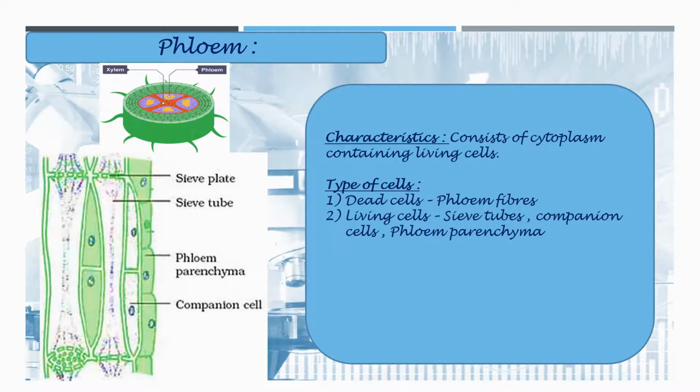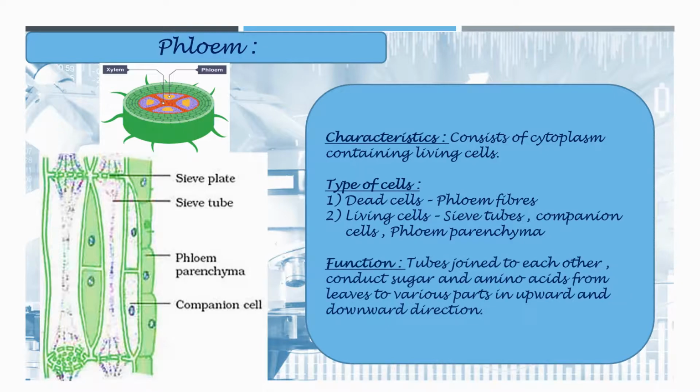Then about the phloem fiber, which are the dead cells, they are also called bast fibers, and these are sclerenchymatous elongated unbranched fibers. And the main function of phloem is that tubes are joined to each other and it conducts sugar and amino acids from leaves to various parts in the upward and downward direction.